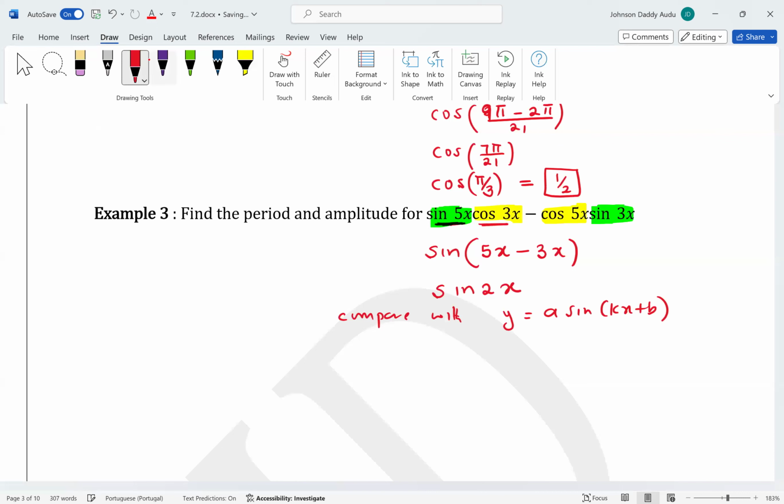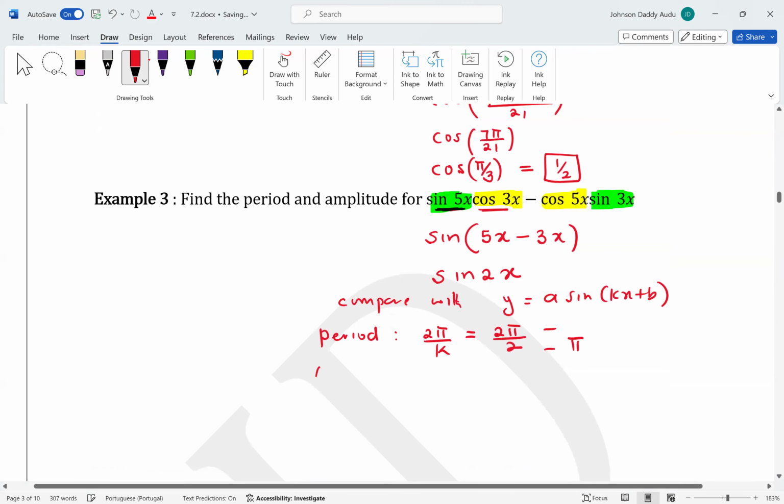So you can see that now the period is nothing but 2 pi over k, which is just going to be 2 pi over 2, which is just pi.